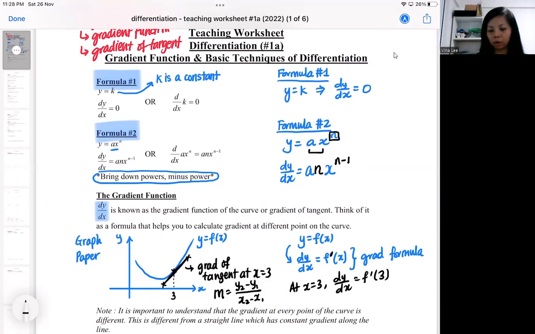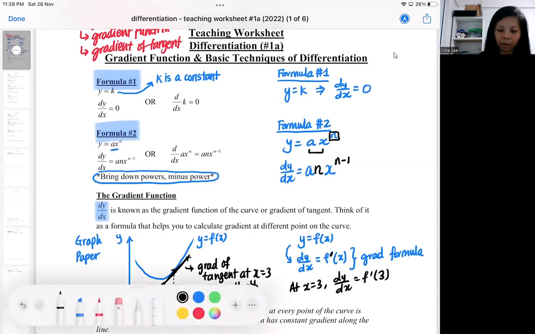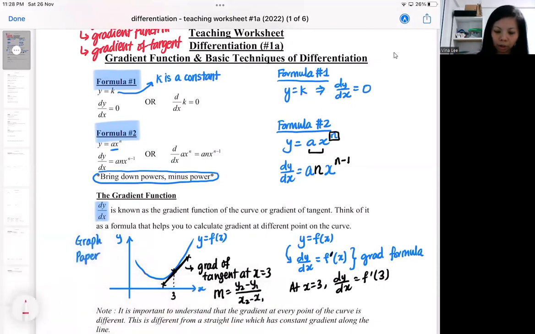So let's say I'm going to change the gradient to another point, for example x equal to 1. In e-math, I need to redraw and recalculate. But if I already got the formula, and I would like to calculate the gradient at x equal to 1, I just substitute x equal to 1 into my gradient formula.